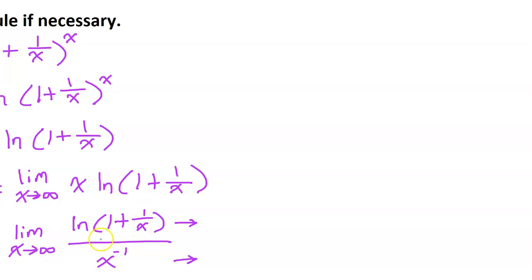As x approaches infinity, x is getting bigger and bigger, so the value of this fraction is getting closer and closer to 0. So we have natural log of 1 plus 0. This is really just the natural log of 1, which is 0. So the numerator is approaching 0.